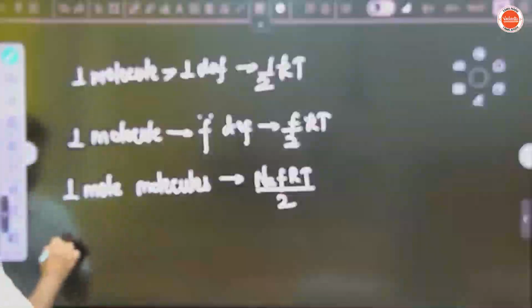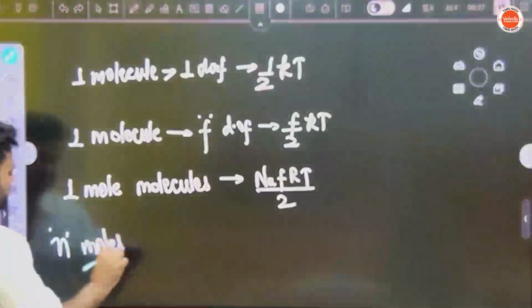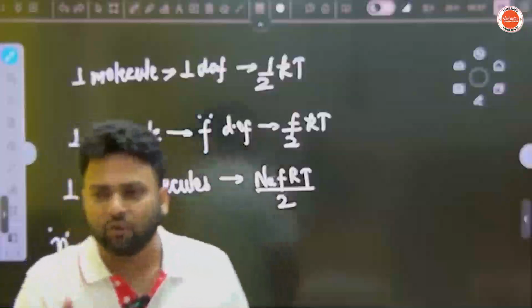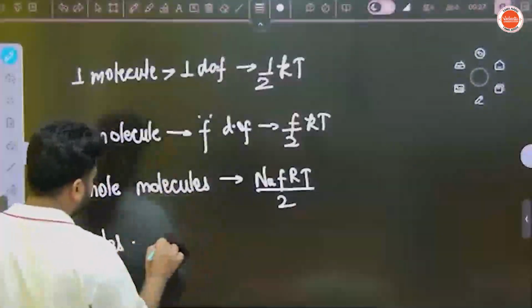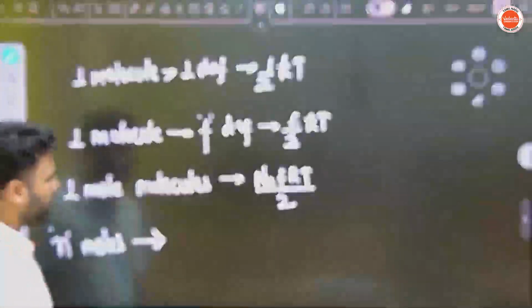If we have n moles, in a container, generally we talk about moles, that this container has 2 moles of gas, 4 moles of gas. If we have n moles, then what will we write?